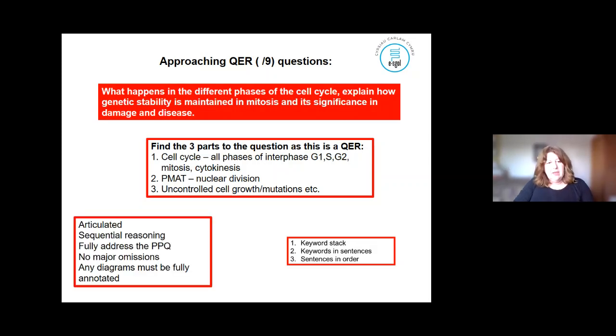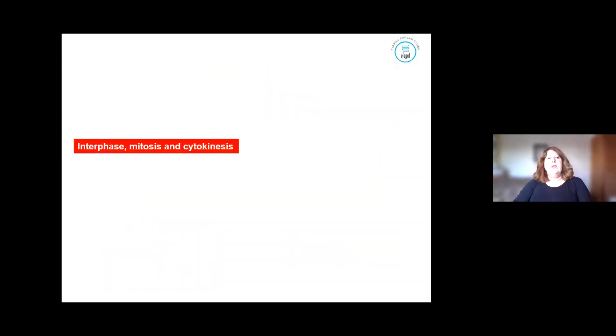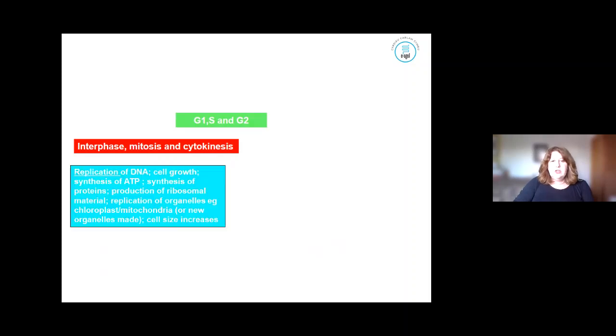And remember, it's all about getting your keywords accurately sequenced, and you've got all parts of that question covered with no major omissions, so you can be in the top band of marks there. Okay, if you're going to put a diagram in, remember you have to annotate. And so as usual, what I'm doing here is I'm just going through, I've put them in order for you.